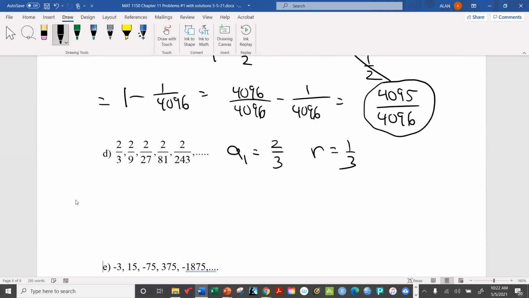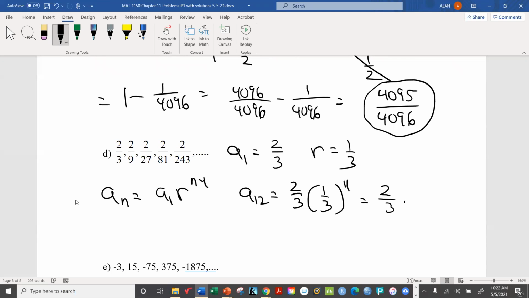Okay, if you multiply each term by 1/3, you'll move on to the next one. So therefore, to come up with the 12th term, you'll have 2/3 times 1/3 to the 11th power. Let's see if we can simplify this a little. Let's rewrite this as 1 to the 11th over 3 to the 11th.